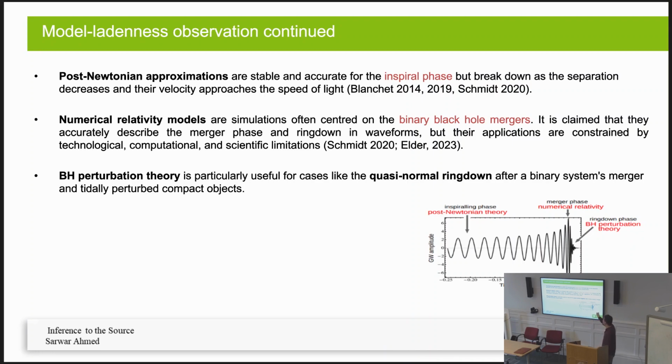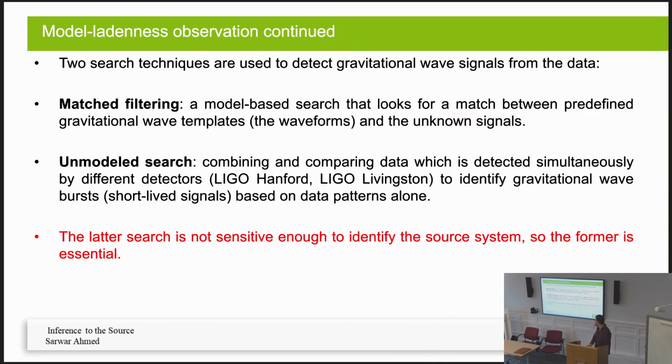And then we have numerical relativity, mostly simulations designed for binary black holes. It's claimed that they are very accurate in the case of merger, like the ring down, but the application is constrained by technological, computational, and scientific limitations. And we have other, mixed models as well, that we don't need to go into details.